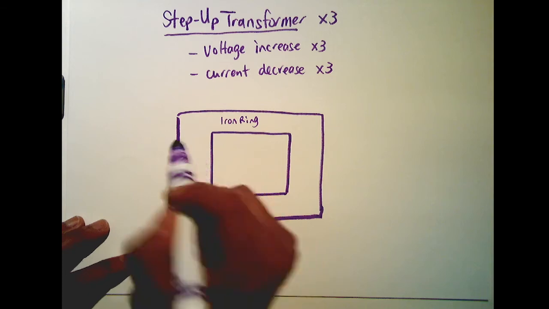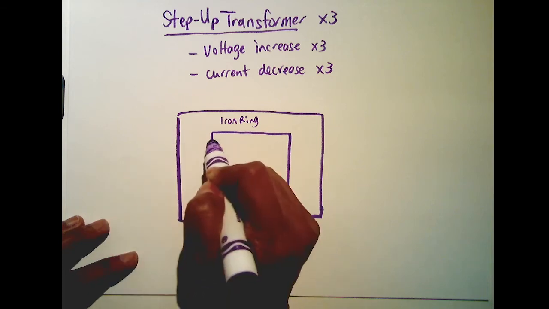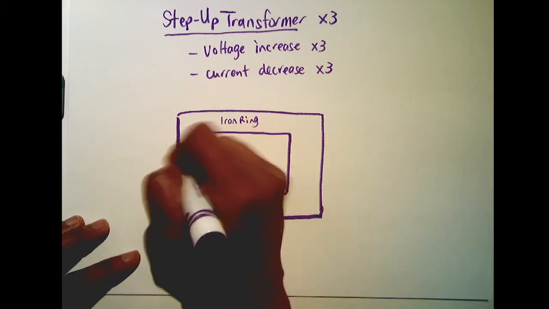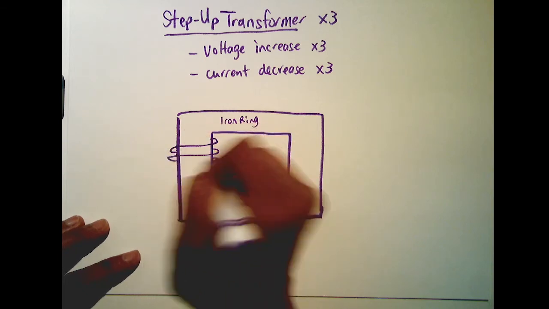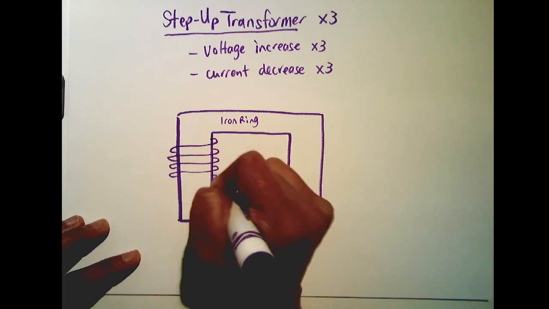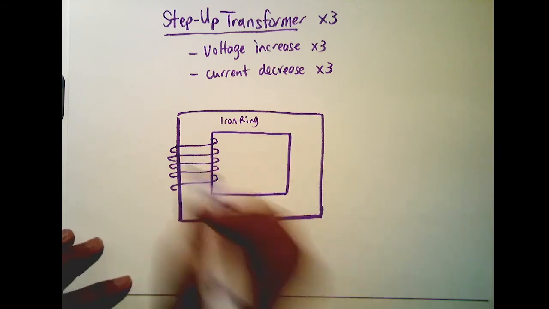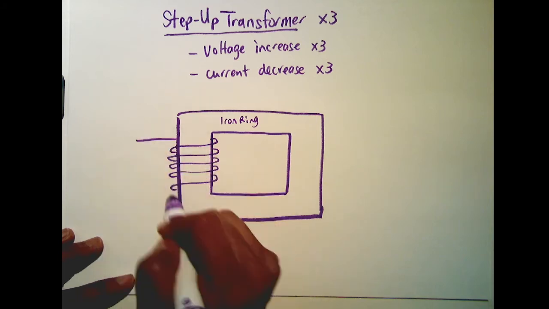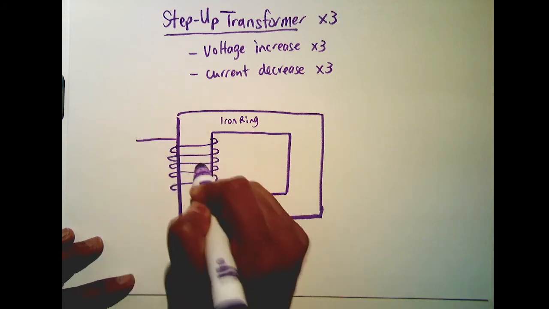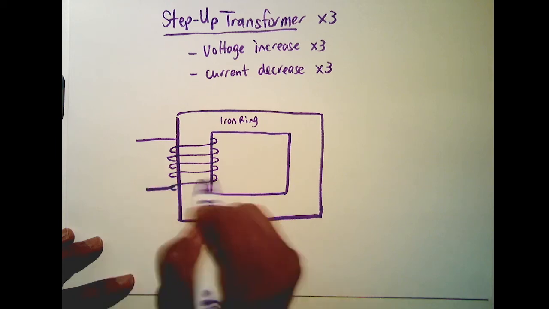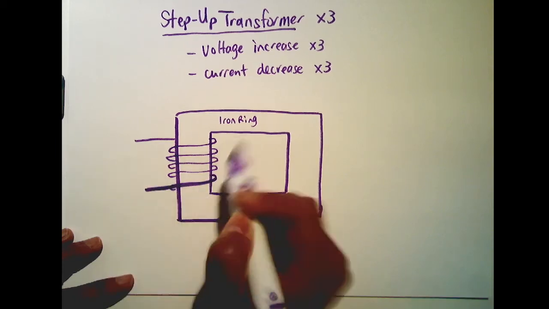Okay, so let's have it come like this, and I'm going to have 5 loops. So 1, 2, 3, 4, 5. This technically shouldn't loop. It should just come around here.